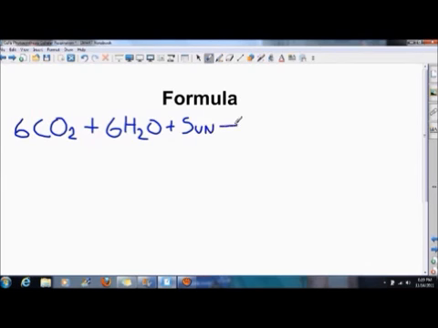And that is going to equal, or yield, which is this arrow sign, sugar, which is glucose, remember, C6H12O6, and as a byproduct, it also puts out oxygen, so plus 6 O2, puts out 6 oxygens. That is the formula for photosynthesis.